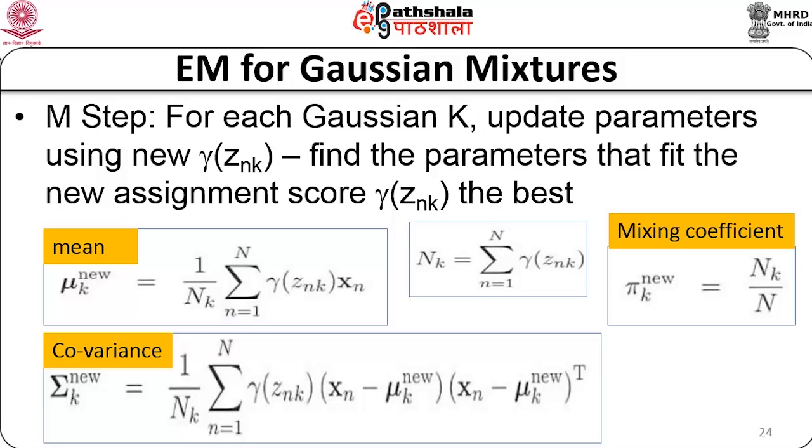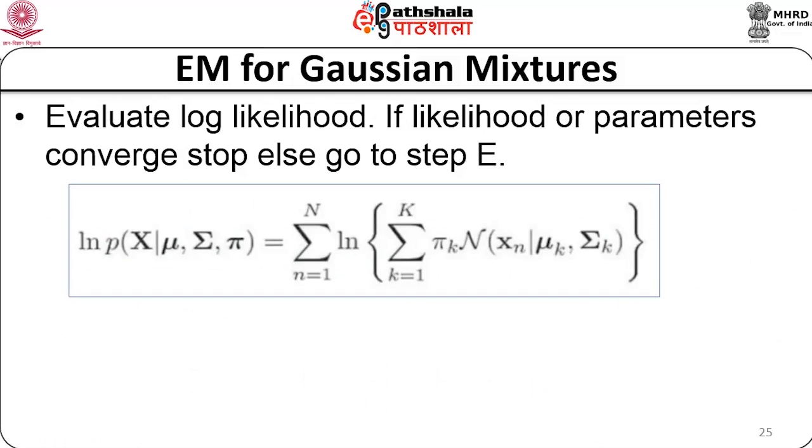That way you can find the covariance. So, these are the 3 new values you have got because of the score. That score is what is important here. Okay. So, n is the total number of points that we are considering, and then you evaluate the log likelihood. If likelihood of parameters converge, stop, otherwise go back to the step.